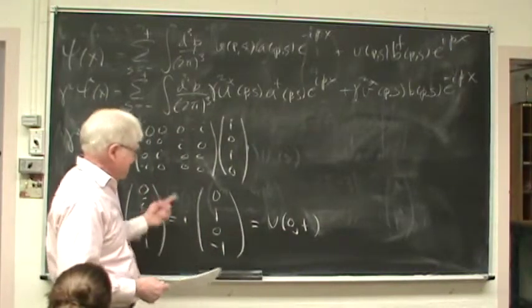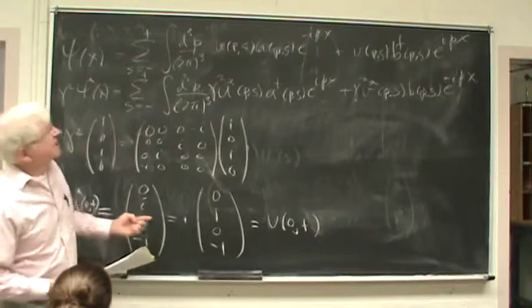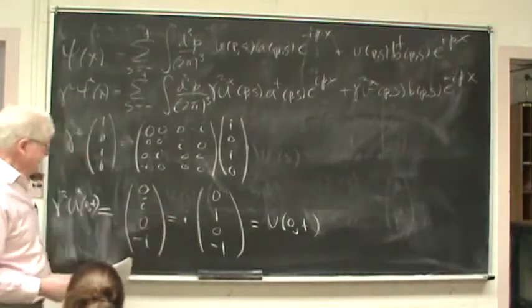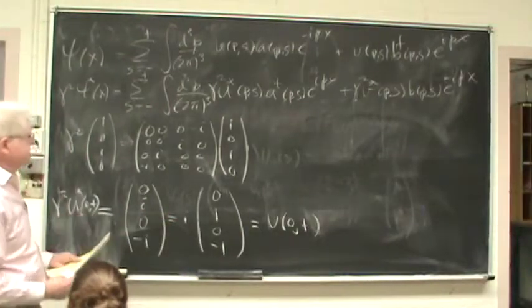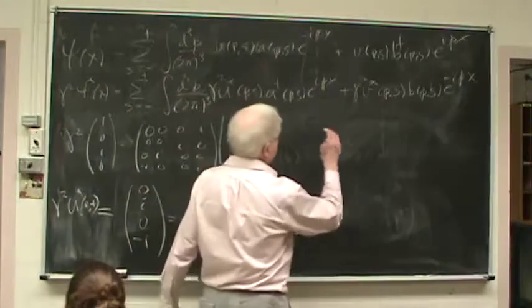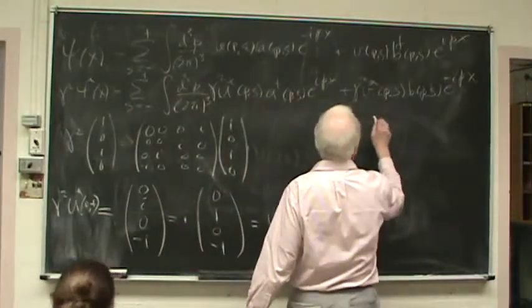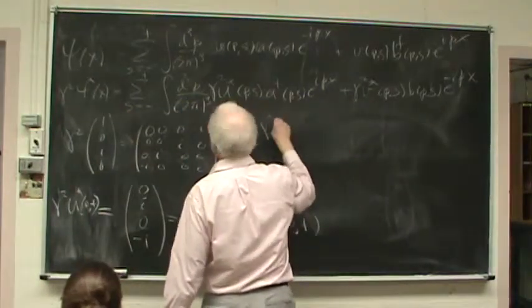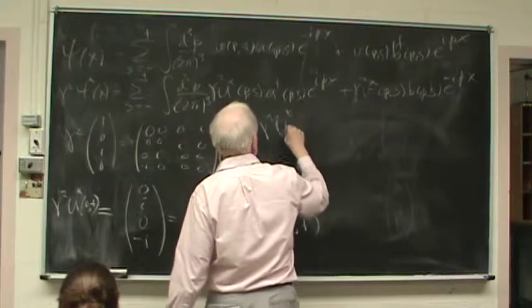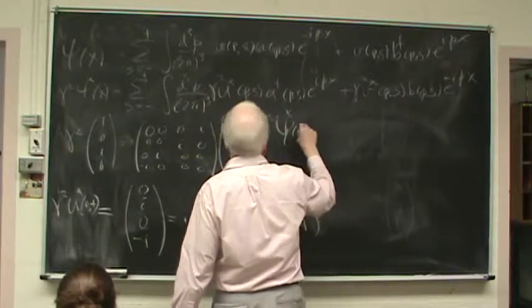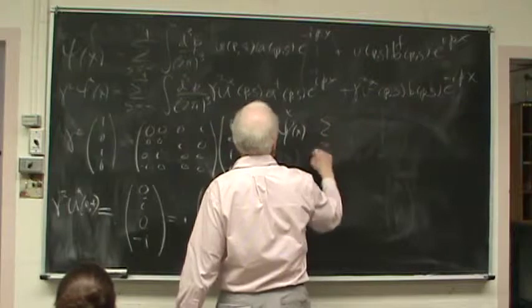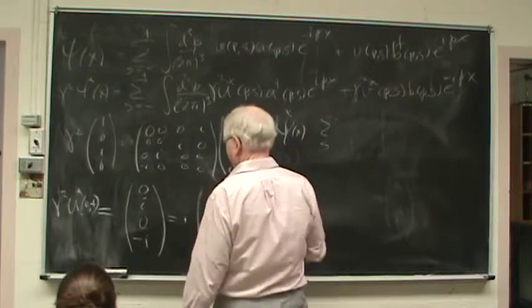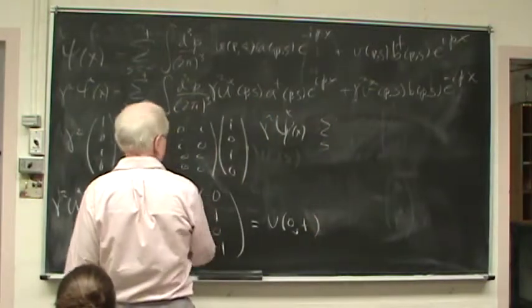Okay, so that's the thing I wanted to explain to you as how this happens. Let's see what happens. So in other words, what this turns out to be is gamma 2 psi star of x, then, is sum on s, apart from an i.